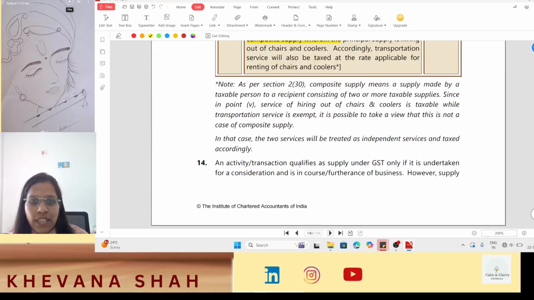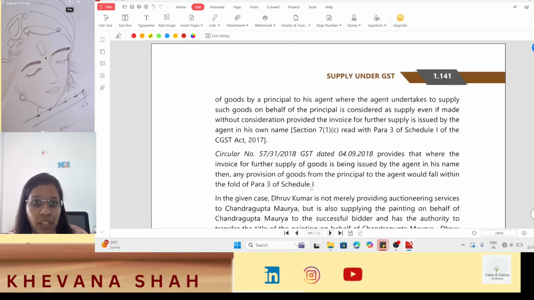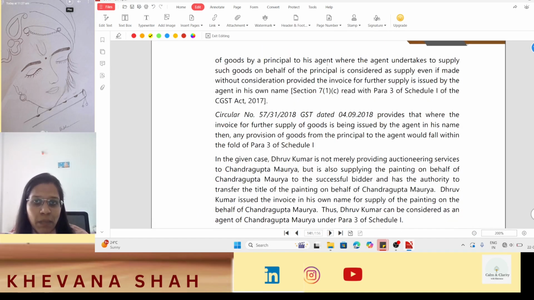See, an activity or transaction qualifies as supply under GST only if it is undertaken for a consideration and is in course or furtherance of business. However, supply of goods by principal to his agent where the agent undertakes to supply such goods on behalf of principal is considered as supply even if made without consideration, provided the invoice is issued by agent in his own name.